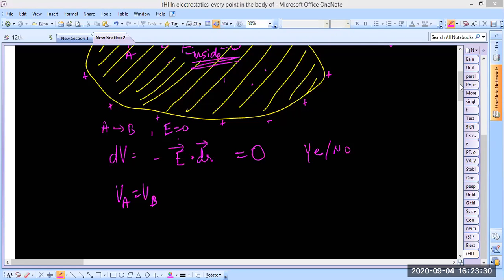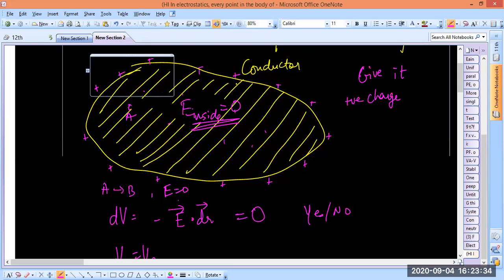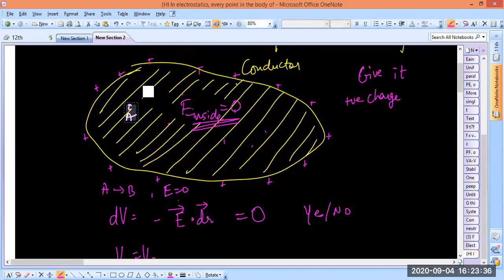Suppose instead of taking B here, we take one point A over here and one point B over here, on the surface. B is on the surface, right?